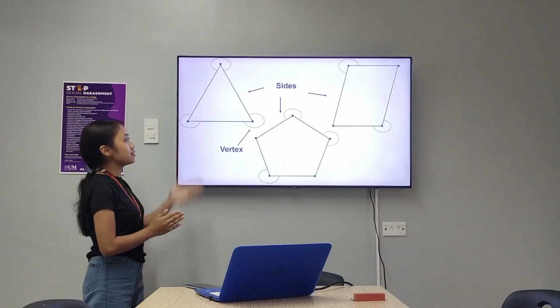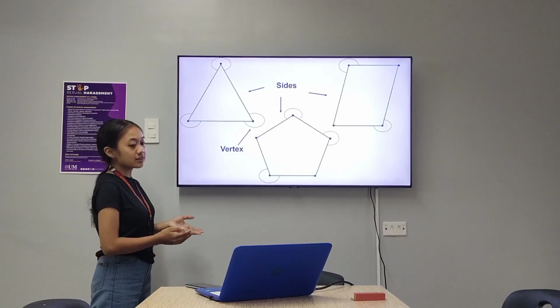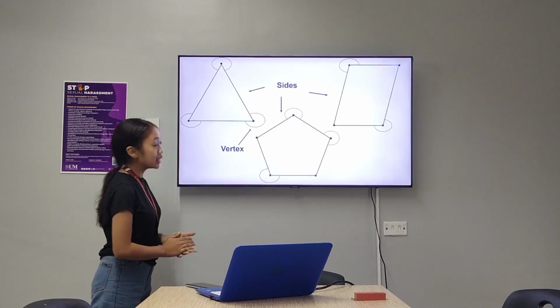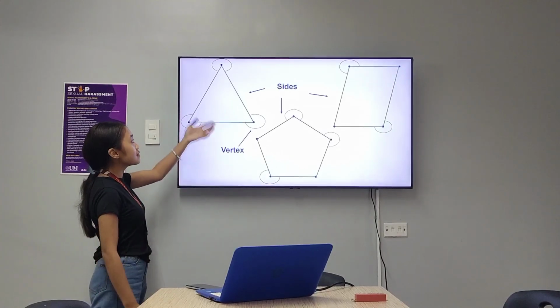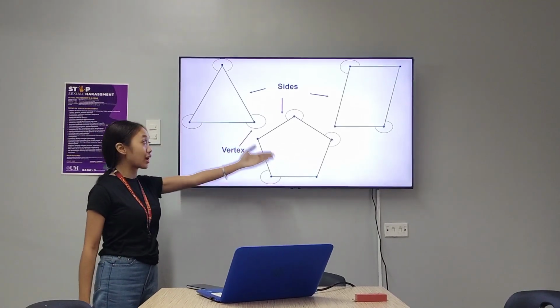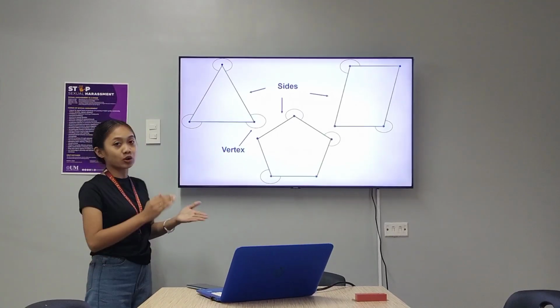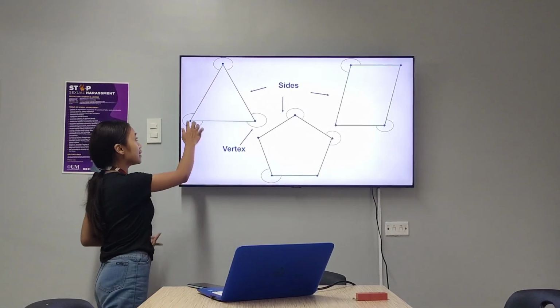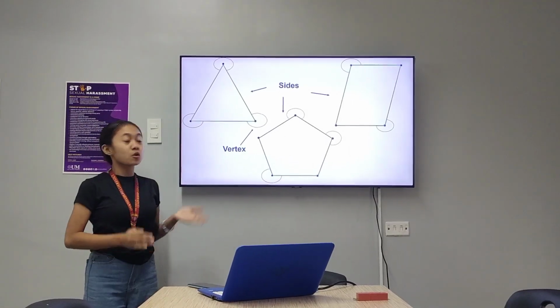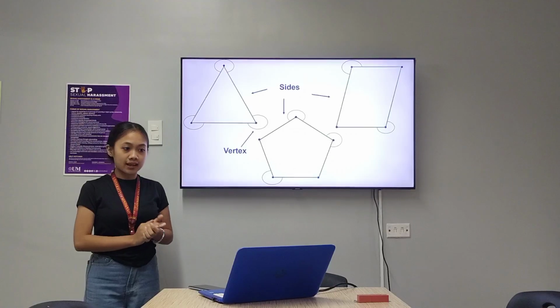Based on these figures, we can determine the sides. Again, these straight lines that you can see are called sides, and these are their endpoints, which we call vertices.